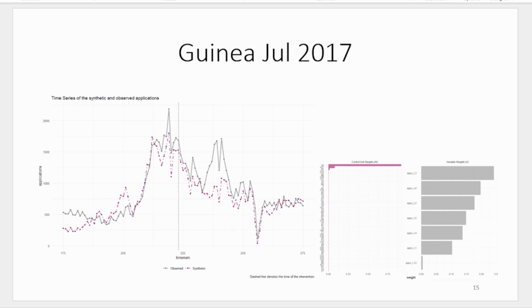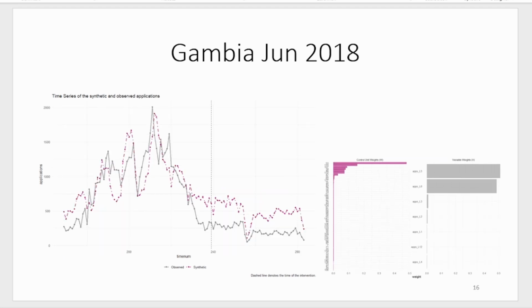So let me sum up. These are the countries which I showed. This is when the intervention happened. And then the third column is the effect that you see. So in 3 out of 4 cases we see a reduction, which, based on this approach, we should assume was due to these interventions. In one case, you see an increase.